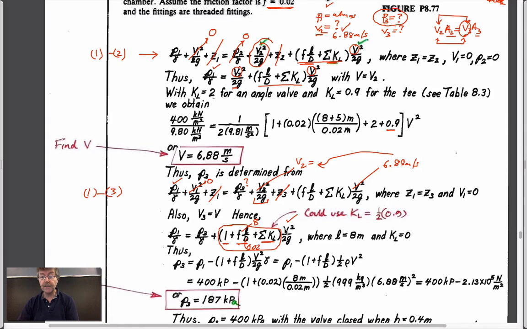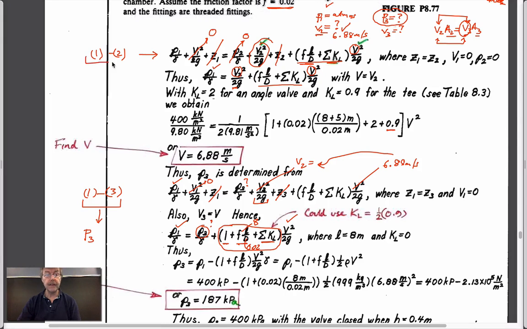We know the velocity through the fitting, which is the flow in the pipe. We know the pressure in the big pipe, which is 400 kPa, and the only unknown we have is this pressure here. And so this allows us to solve for P3.